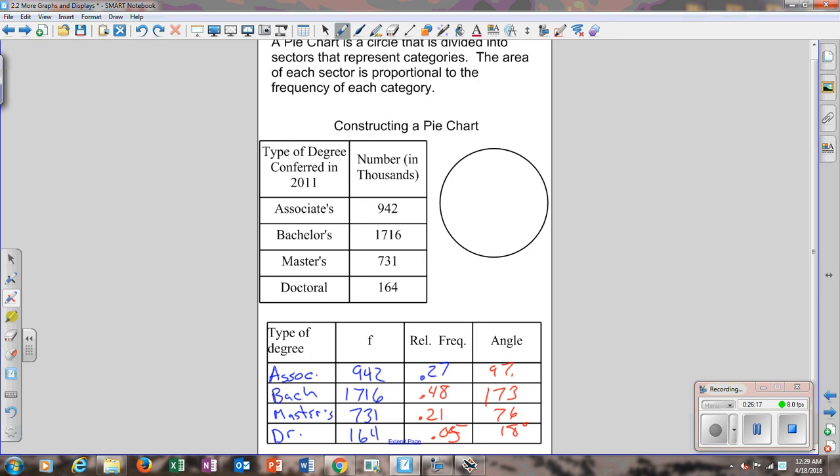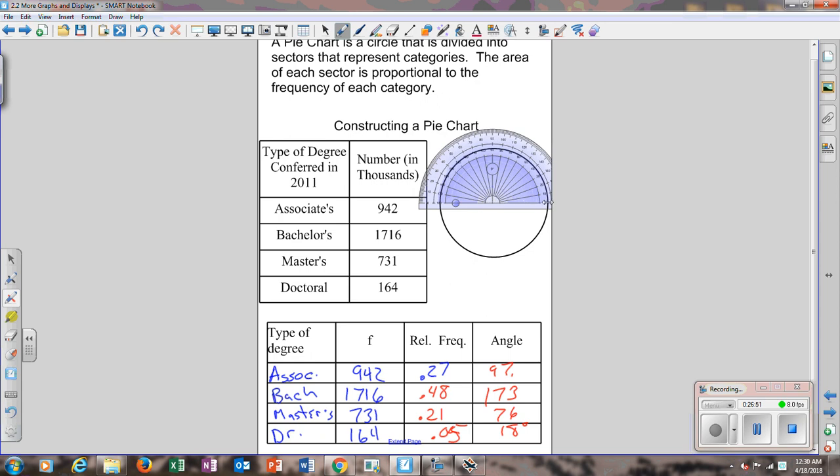So now whenever you put these in your pie chart, you use a protractor. Start at the center of your circle. You can start anywhere as far as your degrees go. But if that's your true zero, then you would go 173 degrees from there.